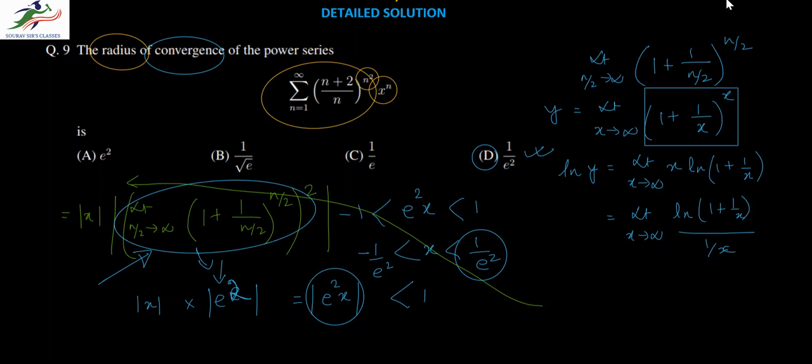So this is the form of an expression where we cannot put the value of x tending towards infinity, because that will result in an infinite value.